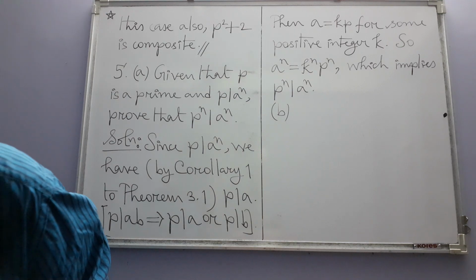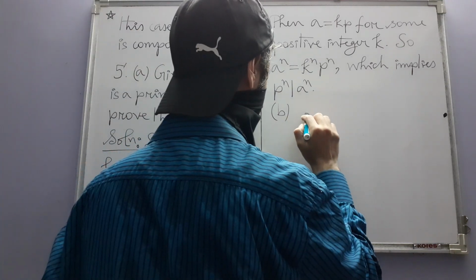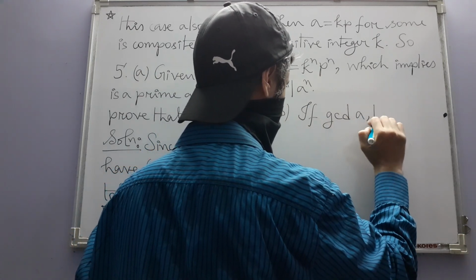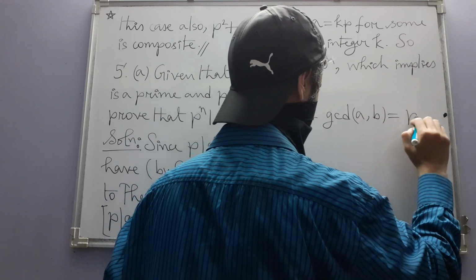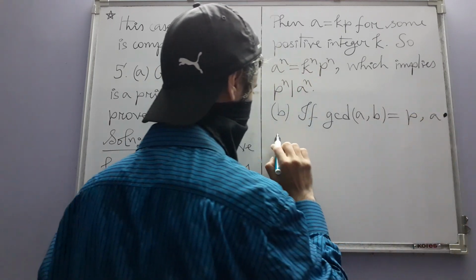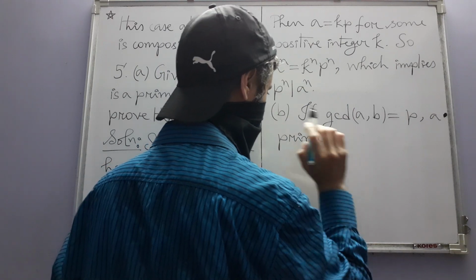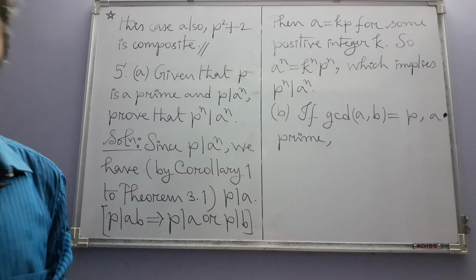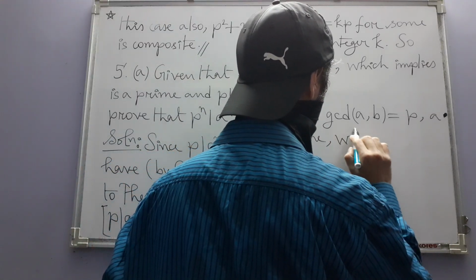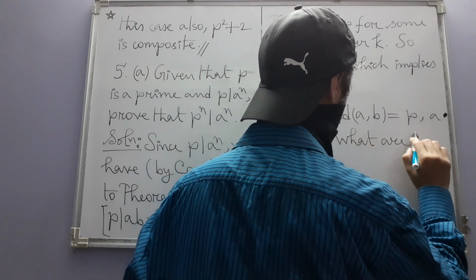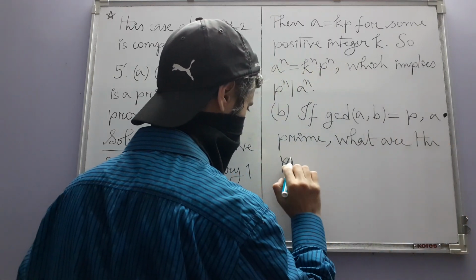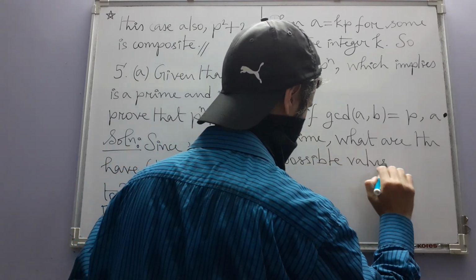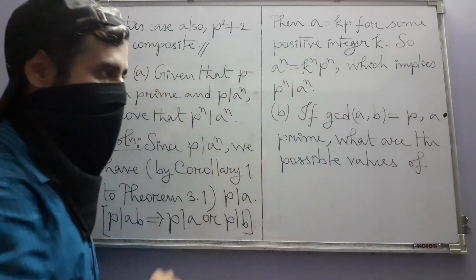In part B, it is given that a and b are two integers whose greatest common divisor is a prime. If this is the case, what are the possible values of some other GCDs?